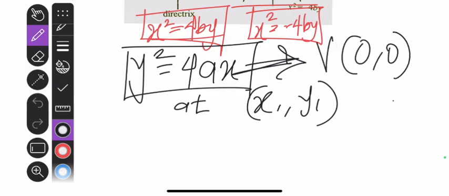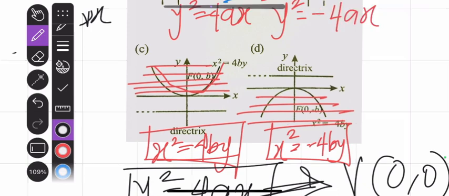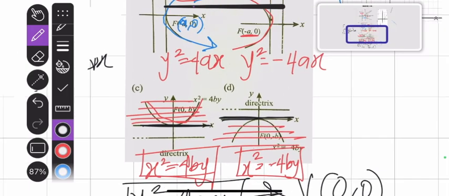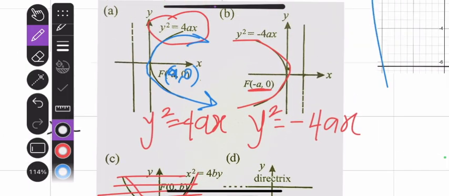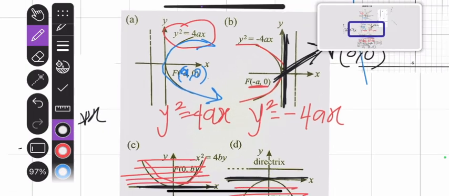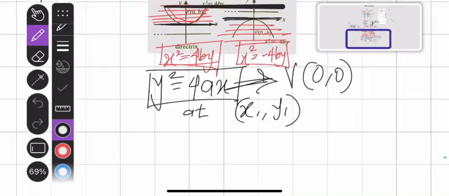If you check all these graphs here, the vertex is always at the origin. If you check this other one also, you see the vertex is at the origin. And I told you the vertex V is the tip of this curve here. So it's always at 0, 0. That is why you have it as this expression.